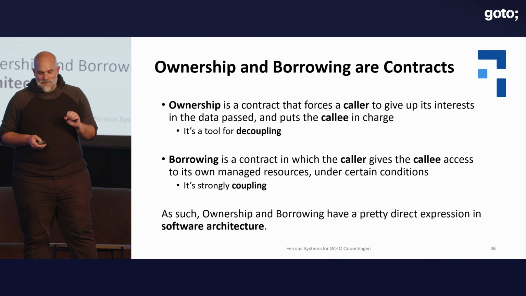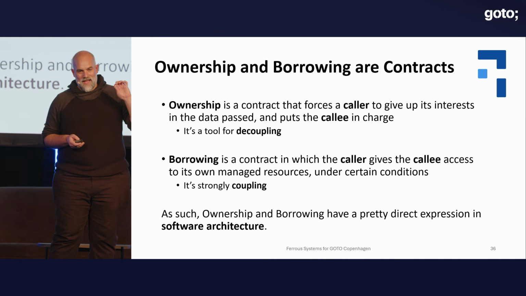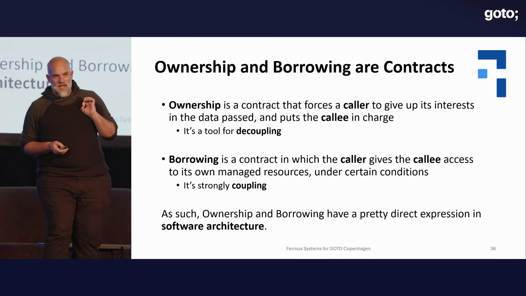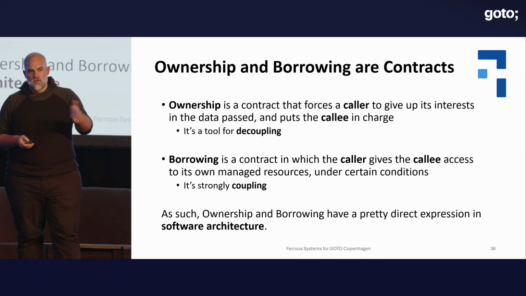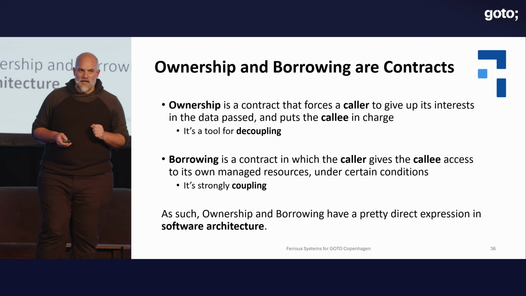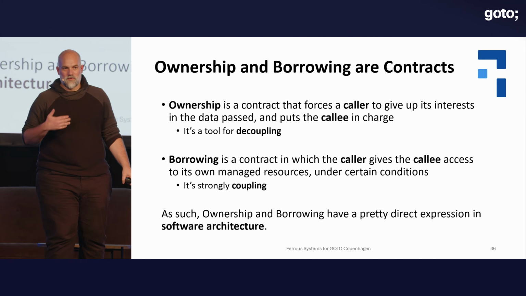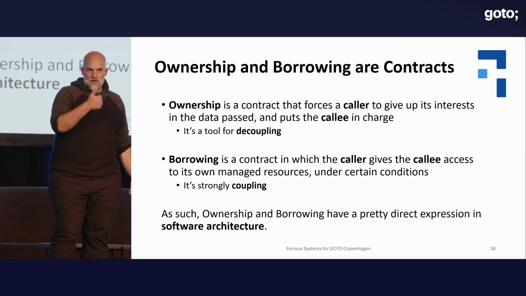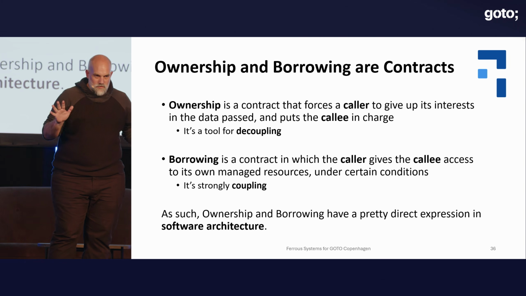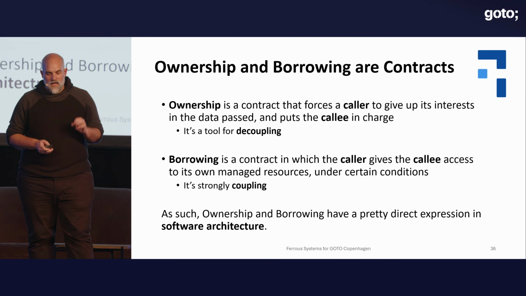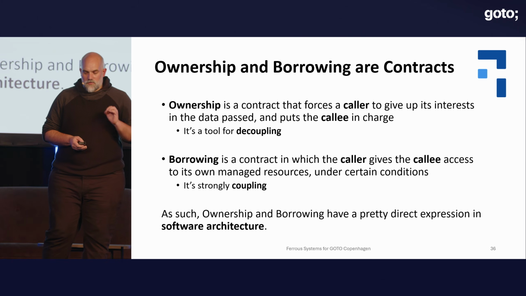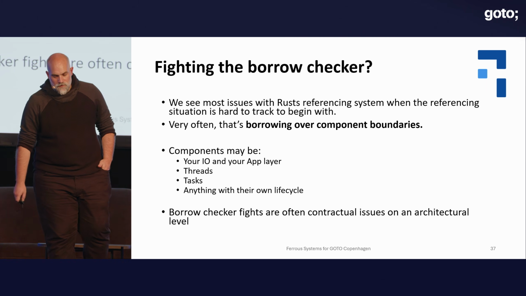Borrowing, on the other hand, is a contract in which the caller gives the callee access to its own managed resources, but only under certain conditions, mutable, immutable, all of these kind of things. But that also means it's strongly coupling, because the caller gives promises to the callee to keep the data around, not mutate it, don't touch it, and all of those things.